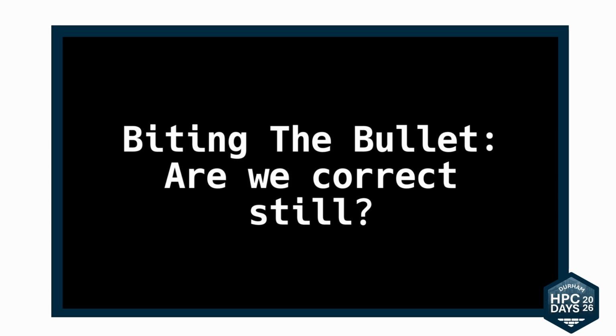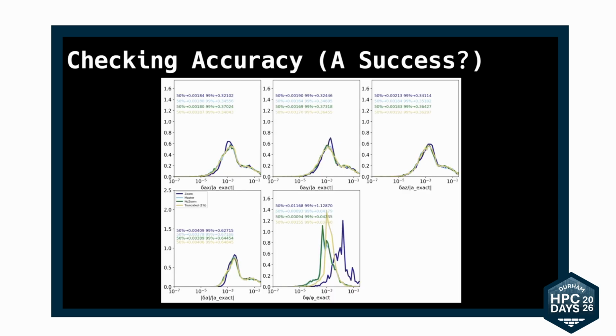But the next thing I had to do was check that not only have I made it faster, I've made it more correct, or as correct, sorry, which was a fun little adventure when I was presented with this plot, where I don't know if anyone else in the room is like me, but I saw this and went, oh yeah, they're similar. And I just didn't really think about it more, and I celebrated, and then I went back 5 minutes later and I went, hang on a minute. They're not quite the same. This is insane. And there's a tail out to very, very high errors on the gravity calculation.